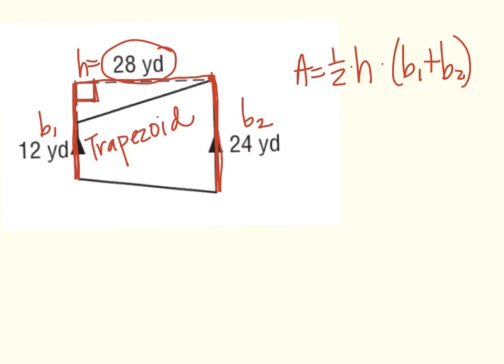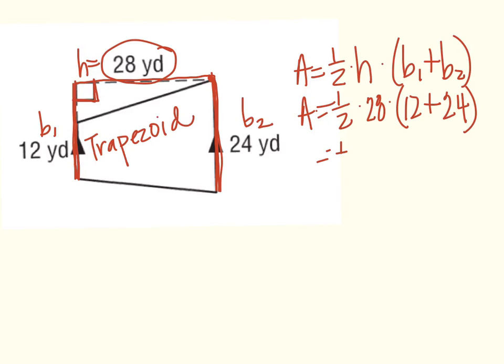Now these parentheses are extremely important. That means they want you to add the two bases before you do any multiplying. So I'm going to plug it in. Area is 1/2 times the height, and the height is 28, times base 1 is 12, plus base 2 is 24.